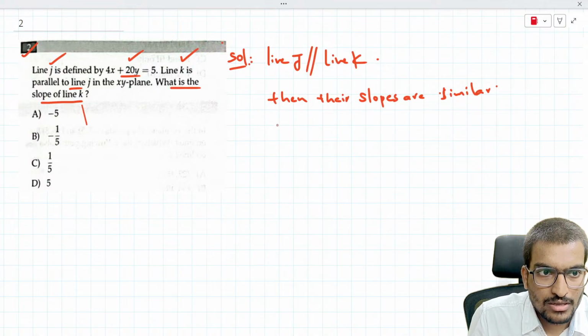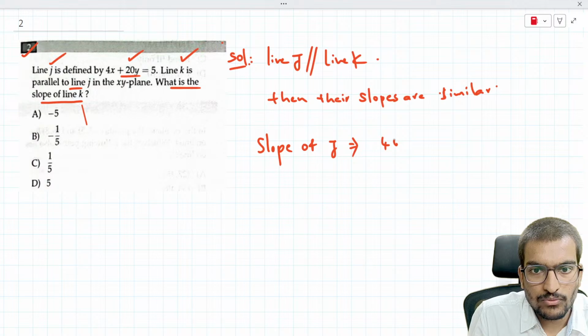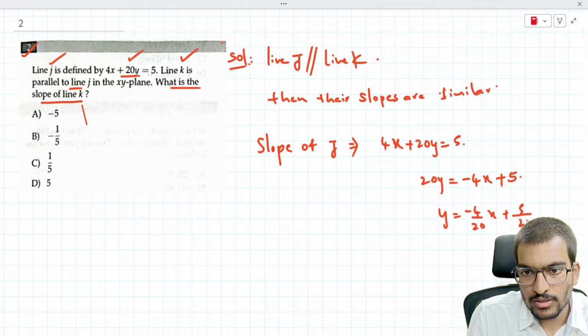So what is the line J slope? The given equation is 4x plus 20y equals 5. If we write it in the proper y equals mx plus c format, 20y equals -4x plus 5, y equals -4 by 20 x plus 5 by 20.